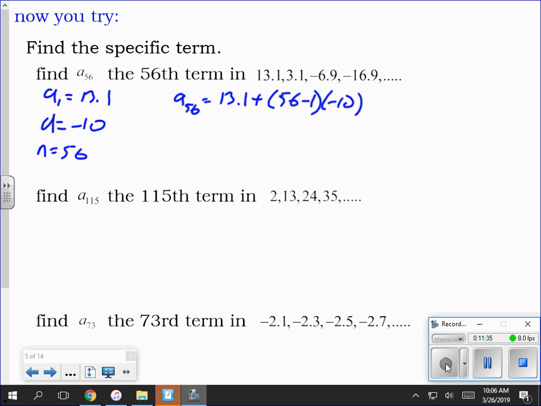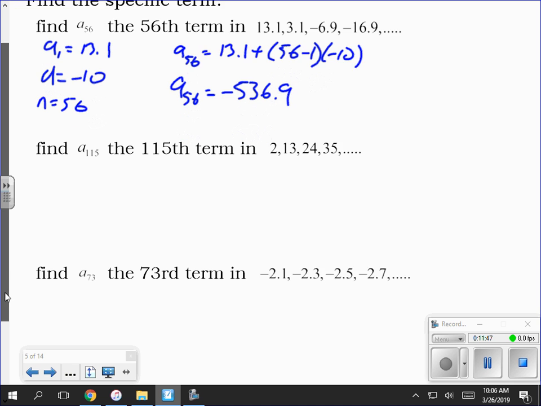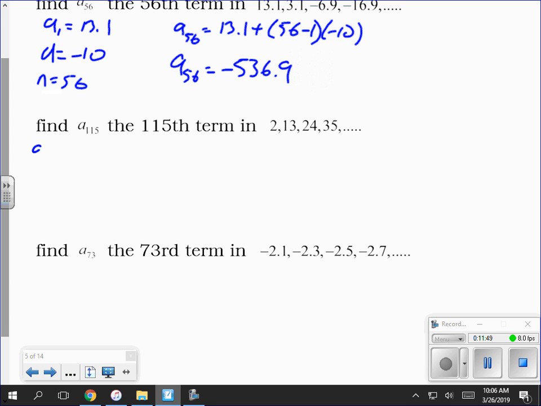And I get A sub 56 is negative 536.9. Next one: A sub 1 is 2, D is 11, goes up 11 each time, and N is 115.